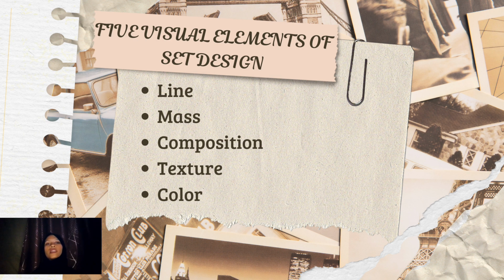And the fifth one is color. Colors affect mood and emotion. For example, dark colors may suggest sadness or mystery, while bright colors suggest joy or energy.